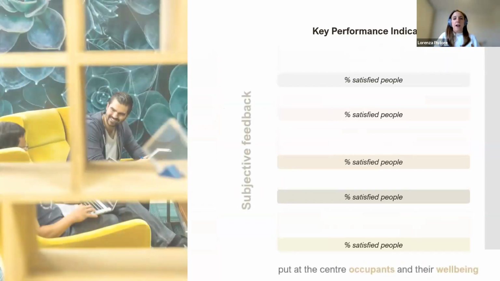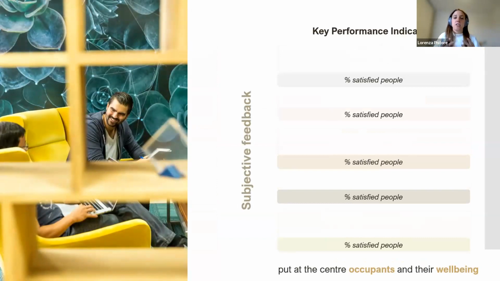But then there is also the percentage of satisfied people for each environmental area. This is because we really think that the subjective feedback is important, and this approach wants to put at the center occupants and their well-being. So it's really important to have the feedback of the users on how satisfied they are with the indoor environment.